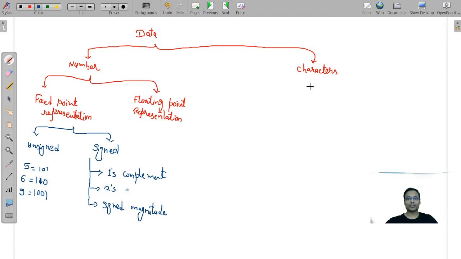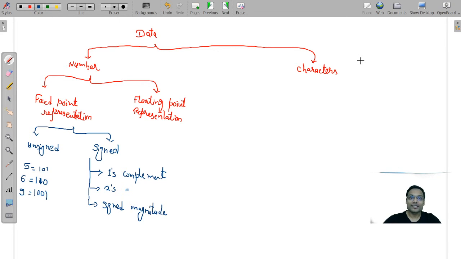Let's talk about characters. Should we represent characters also in binary? Yes. Why? Because my CPU can understand every single thing only in binary. So I have to represent characters also in binary. You don't have a direct representation of characters in binary as we have for numbers. Hence, scientists have given different methods to represent characters in binary. ASCII representation is one of them.